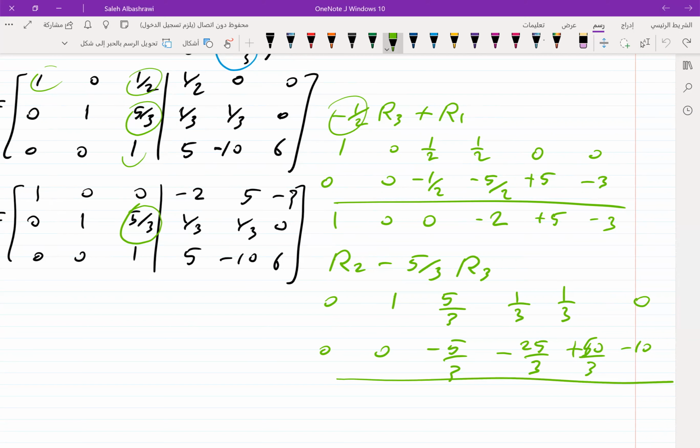And add, we will have 0, 1, 0. This will be minus 8. This will be 17 and minus 10.